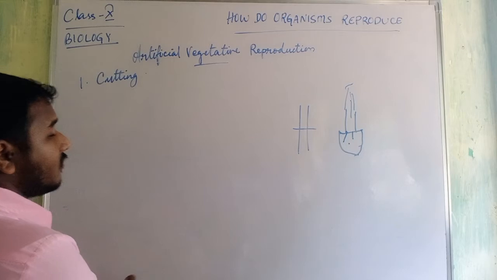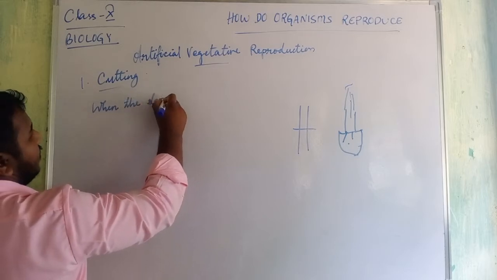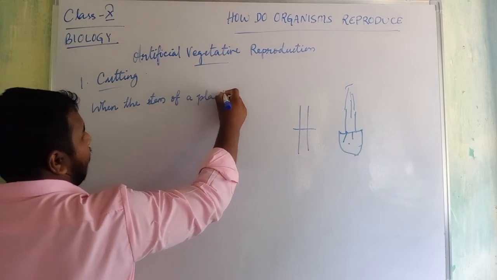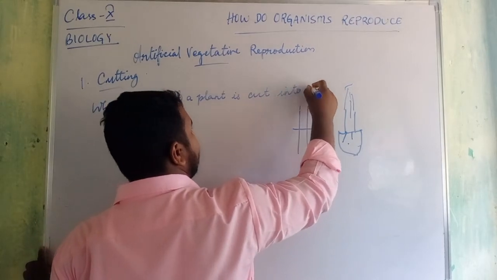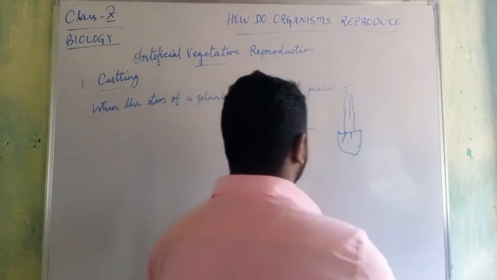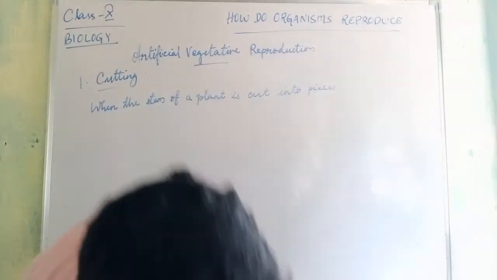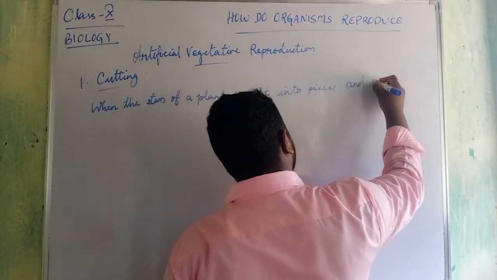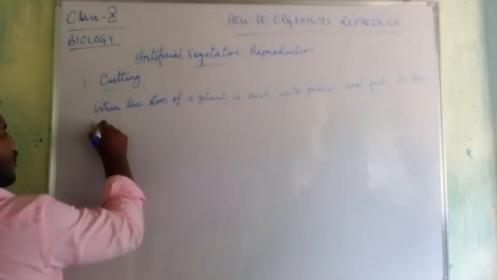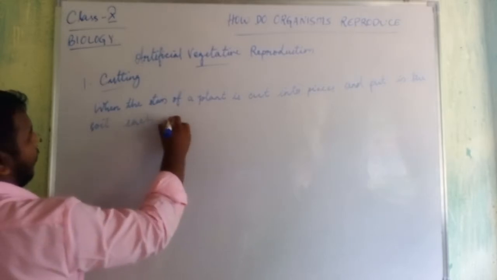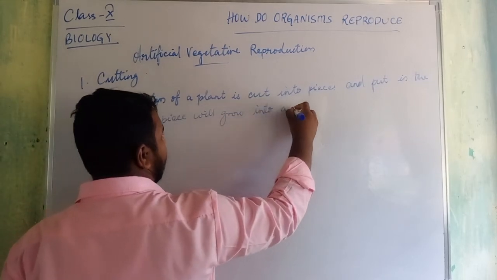This is called cutting. So what you will write here: when the stem of a plant is cut into pieces and put on the soil, each piece will grow into a new plant.